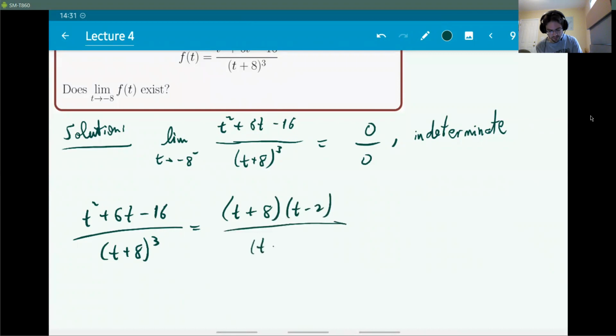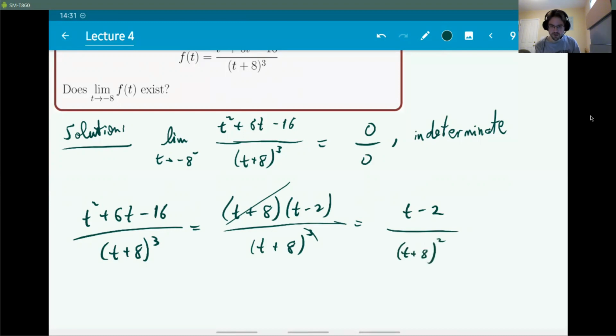And now because we're talking about limits around -8, we can actually cancel one of these t plus 8. In other words, t will never be actually equal to -8. It's just going to be close to it. So t plus 8 is never 0, which means you can actually do this cancellation.